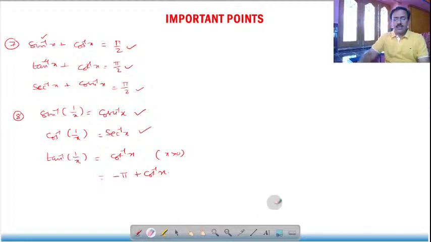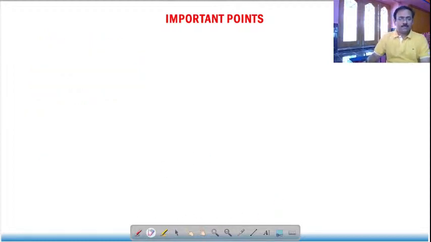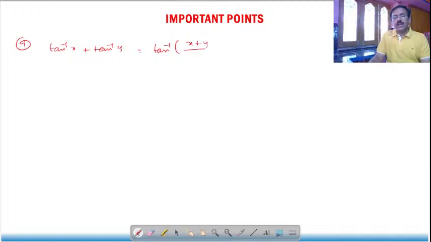Then the ninth one, we can say, certain results, friends, like tan inverse x plus tan inverse y is tan inverse of x plus y by 1 minus xy, provided, friends, that when the denominator is positive, it is okay.